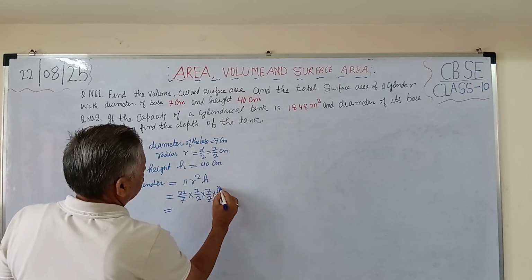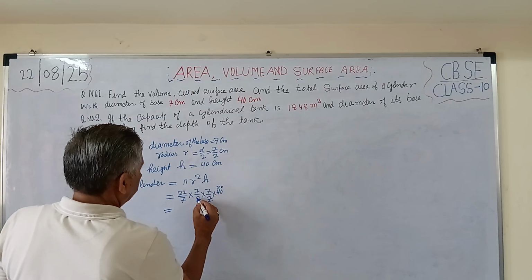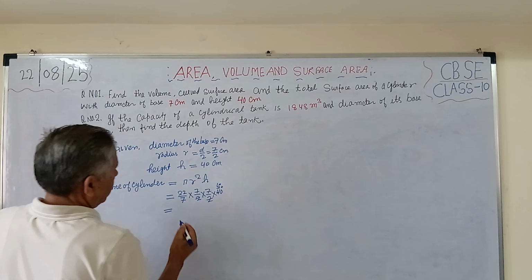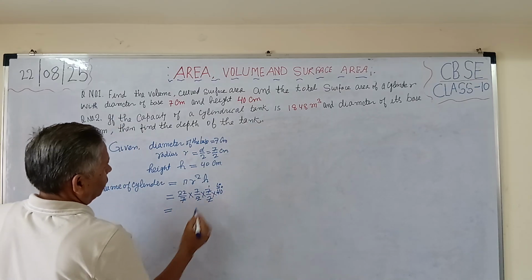2 2s are 4, 2 2s are 4... 2 5s are 10, 7 1s are 7.